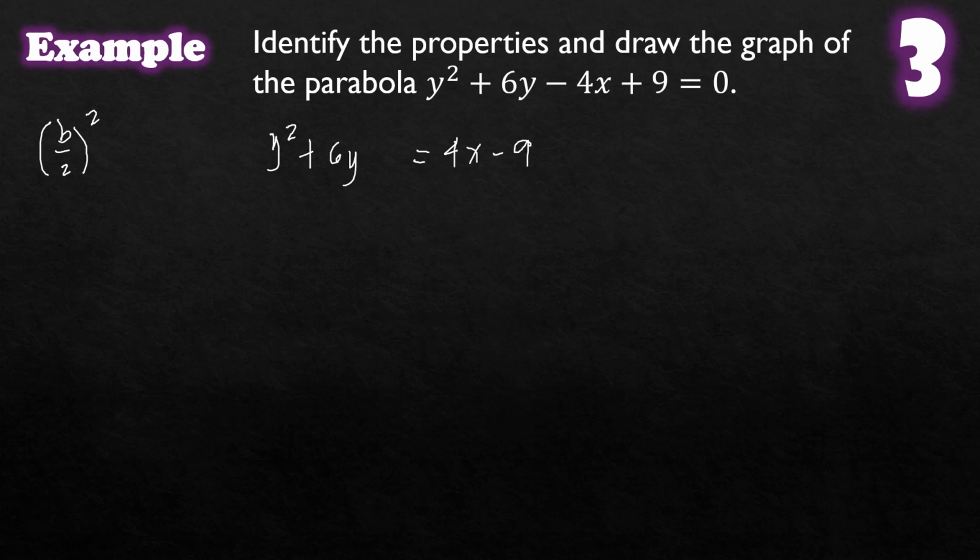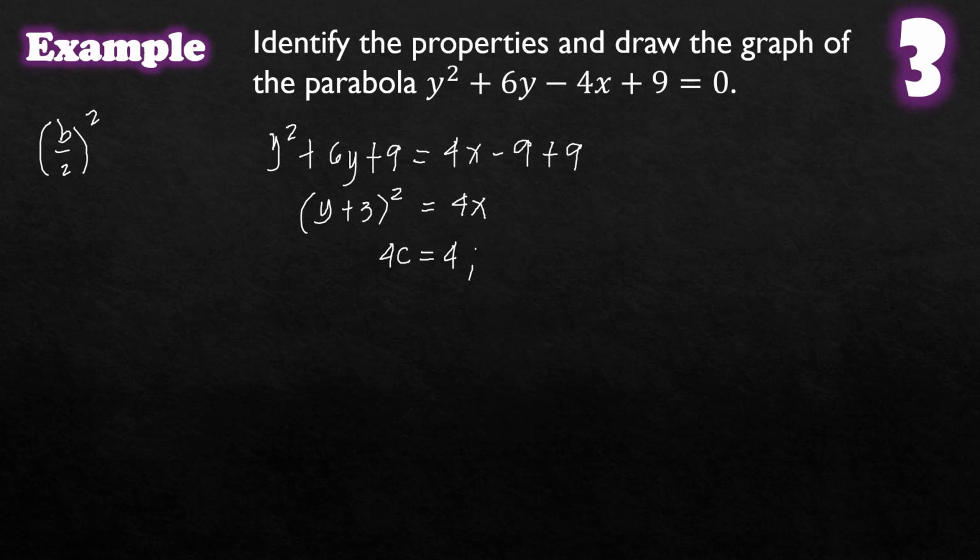That will be equal to 9. So we add 9 to both sides of the equation. The left side can be factored as (y plus 3) squared, while the right-hand side of the equation simplifies to 4x.